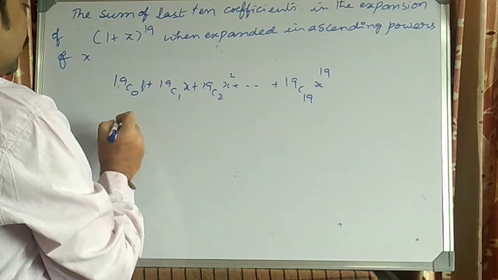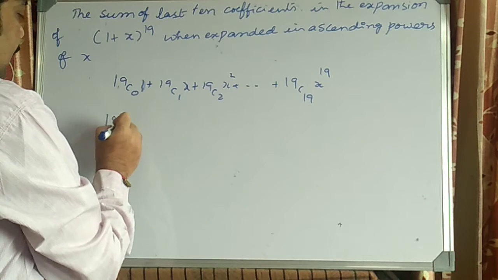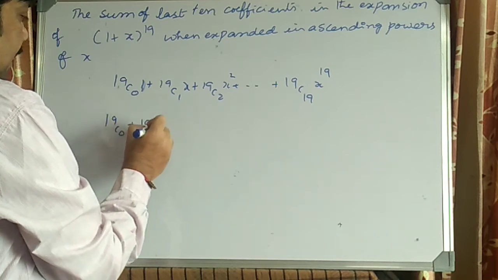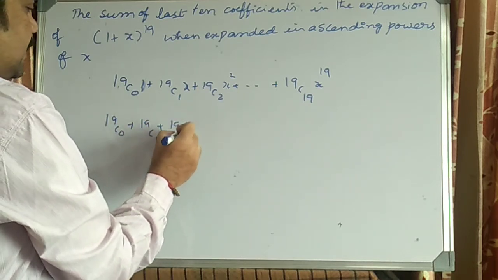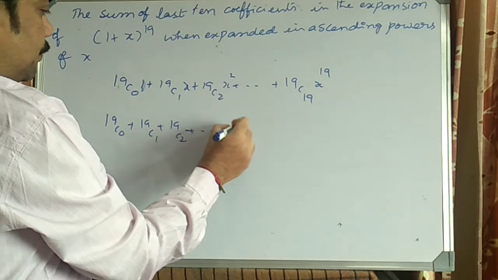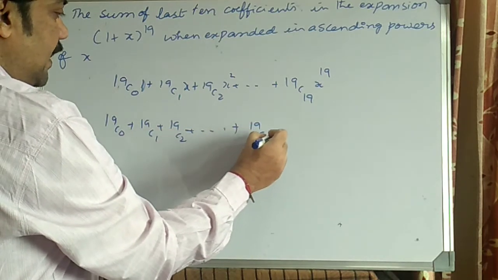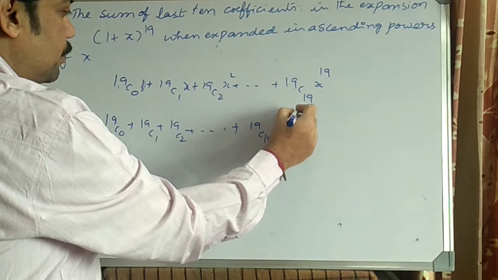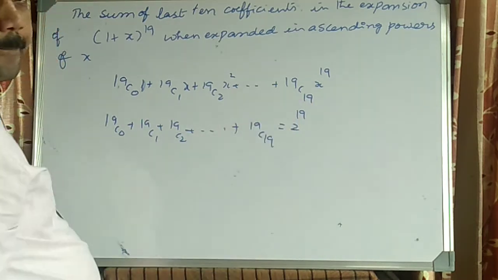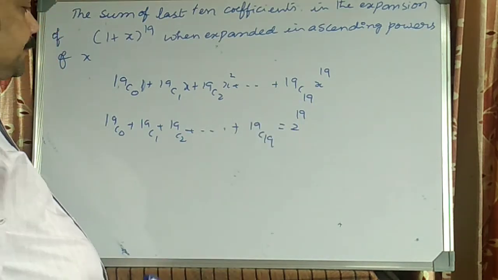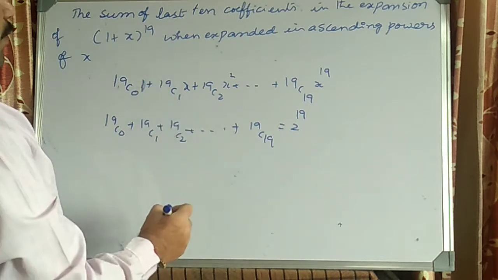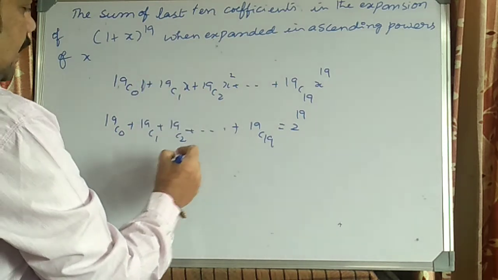So considering the coefficients, you know that 19c0 plus 19c1 plus 19c2 continued up to 19c19 is equal to 2 to the power 19. You know this already. Now what I want is from the last 10 terms.